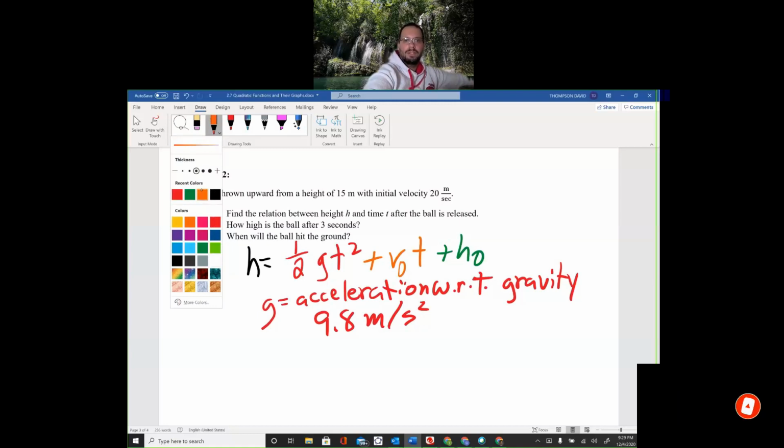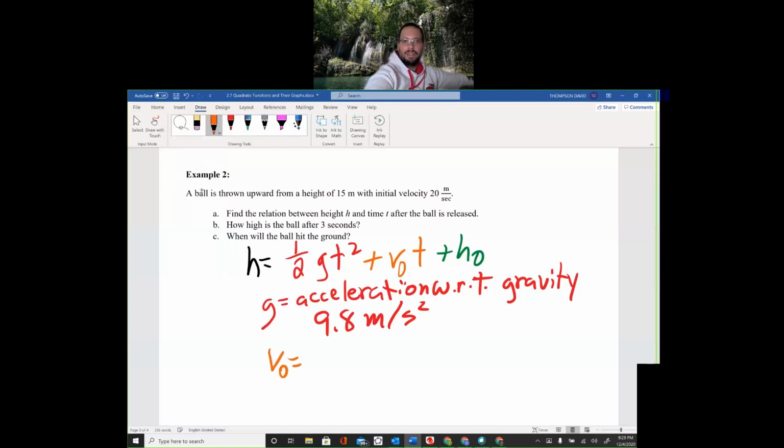V0, or your initial velocity, is given in the problem, and that's just 20. Let's write that down as initial velocity first. So this is your initial velocity, and it's given in the problem as 20 meters per second.